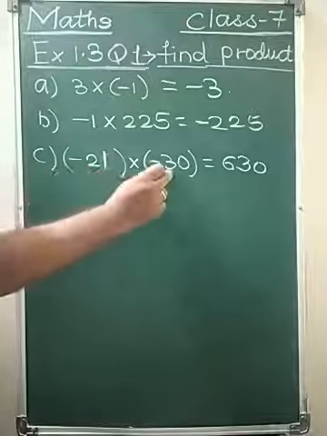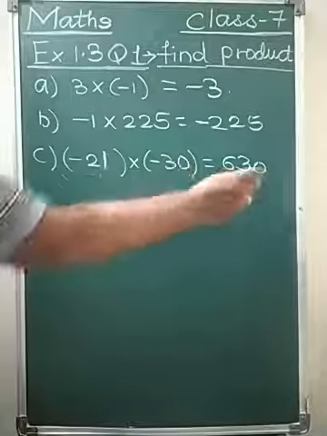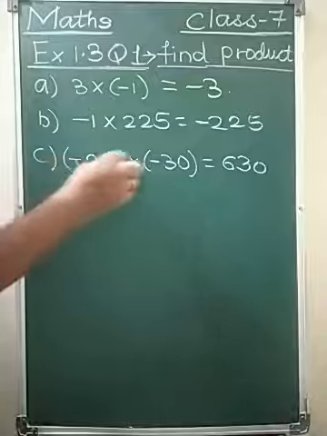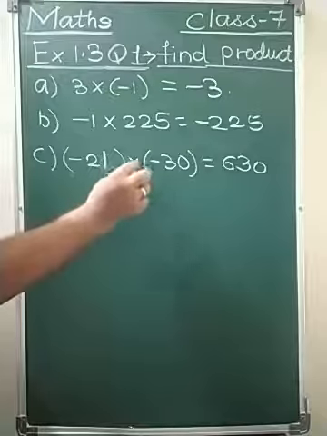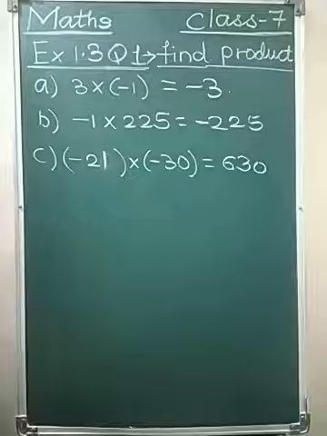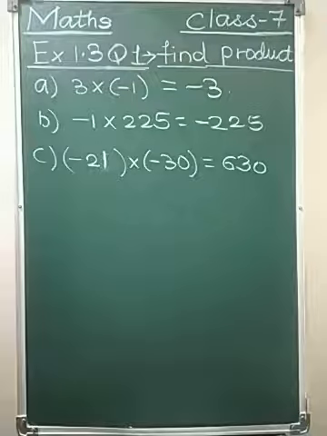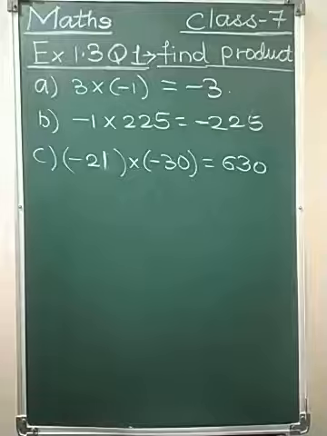So 21 threes is 63 and 1 zero is given. Now multiplication of two negative integers is there. So minus multiplied by minus, we get a positive answer. Okay, so D sum is also easy. You can do it for homework. You can do E sum also because 0 is there. So for E sum you will be getting a 0 answer.